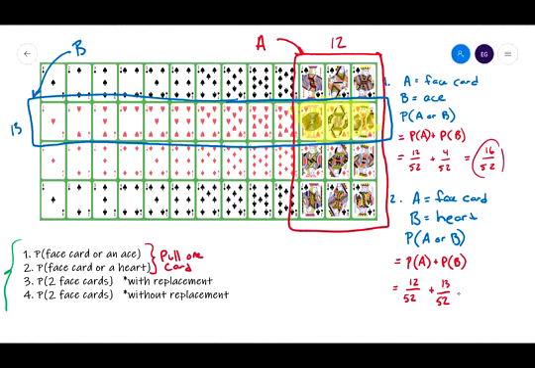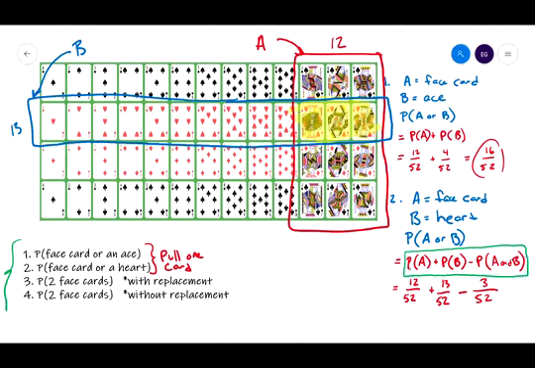The Jack of Hearts is 1 card. It can't be part of the 12 and part of the 13. We can't count it as 2. So we have to subtract off the probability that a card is both part of A and part of B. So we're subtracting off the 3 cards that we double counted. And this, let's switch to green, is the addition rule for probability.